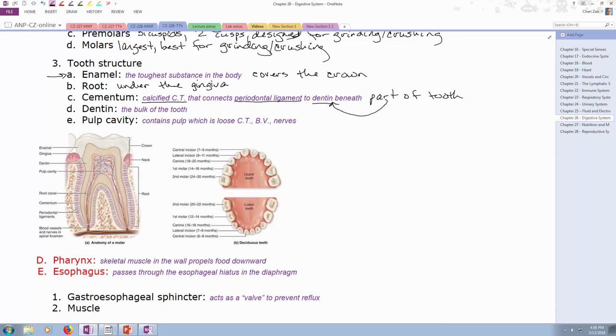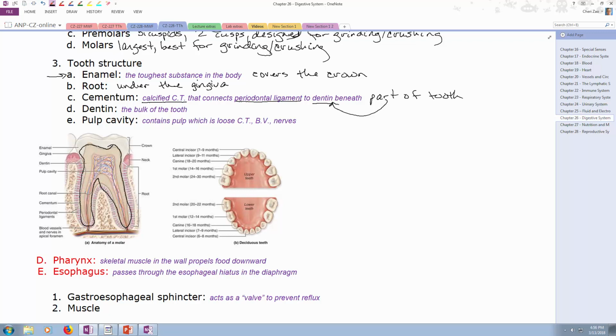Dentin, our notes state, indeed, is the bulk of the tooth. So all of this right here, this brown material, is the dentin. And so we have the enamel covering the exposed dentin, and we have cementum around our dentin that's actually part of the root.